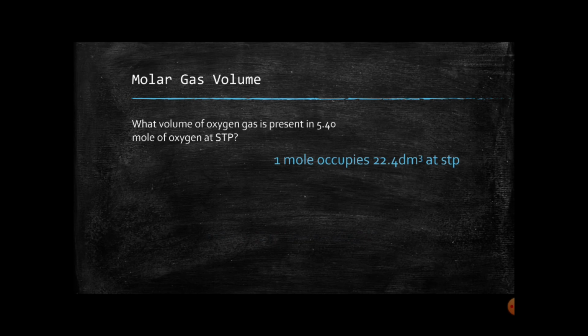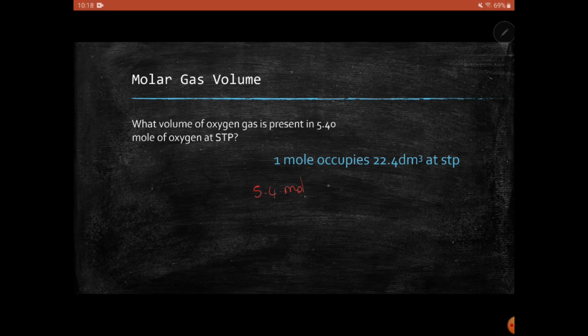How we would solve this is similar to when we're finding the number of particles, where we put in the information that we have and we use x as our unknown. So in this case, we want to find the volume and we're given the number of moles. So our second statement would say 5.4 mole occupies x at STP.